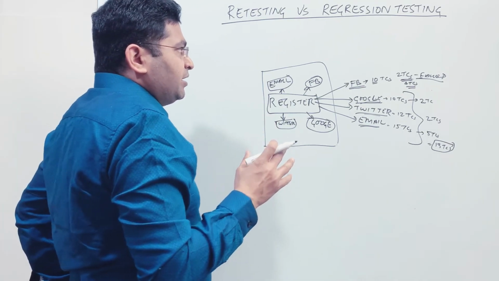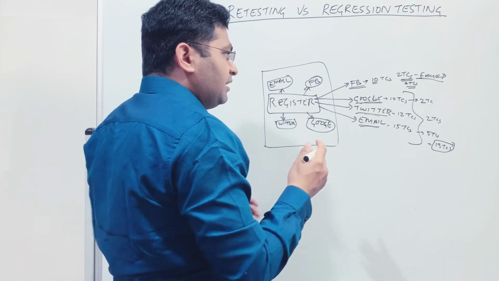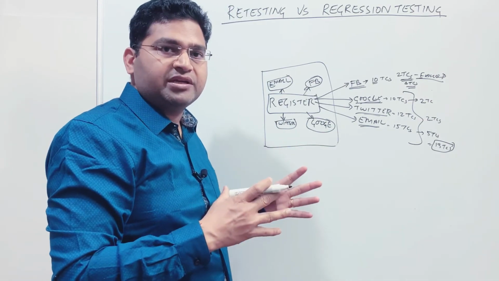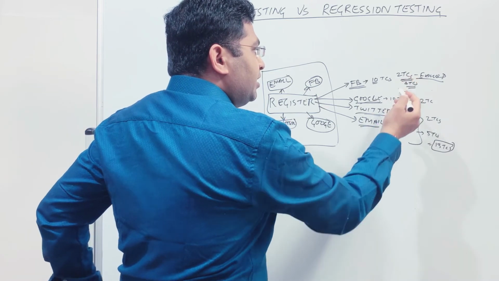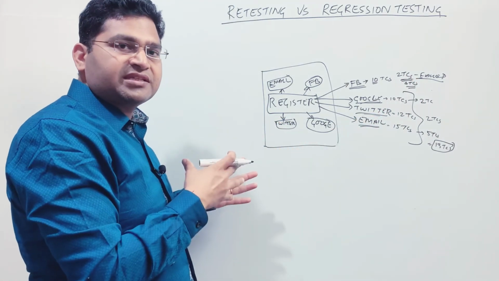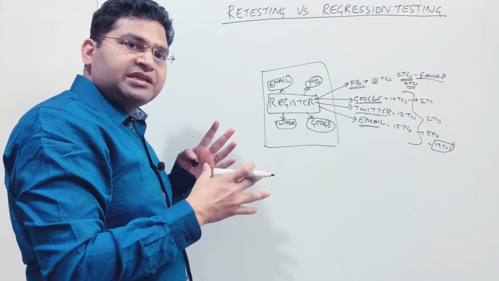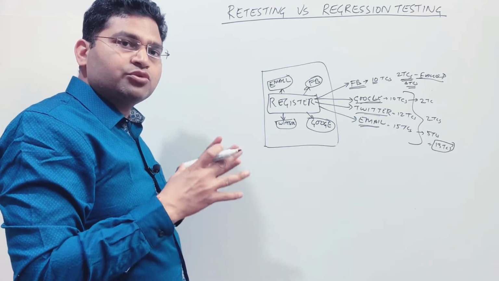So in a way, regression testing will have a retesting within it, right? So when we say regression testing, we in a way retest the existing test cases anyway, right? So there is a very fine difference and you need to understand that difference.